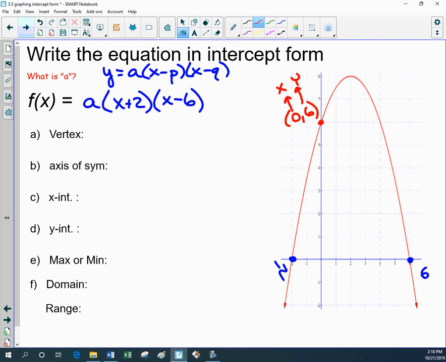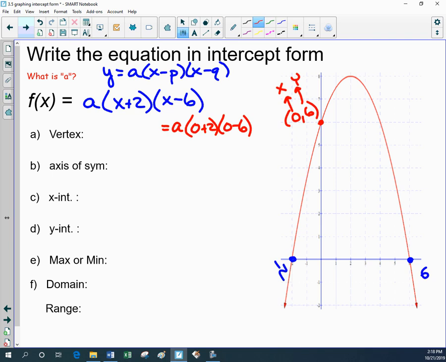So what that would look like is this. We would have y equals a times, and then we're plugging 0 in for x, so it's going to be 0 plus 2 and 0 minus 6. Whoops, sorry. I forgot to plug 6 in for y here.